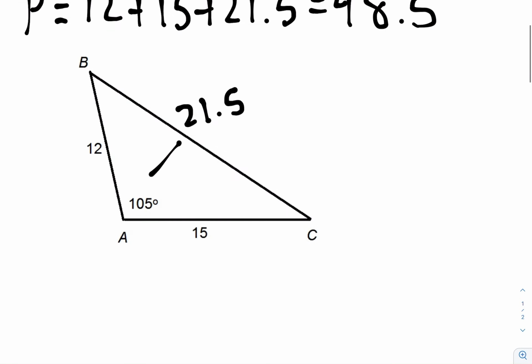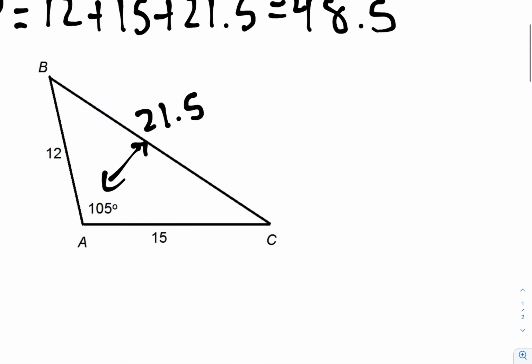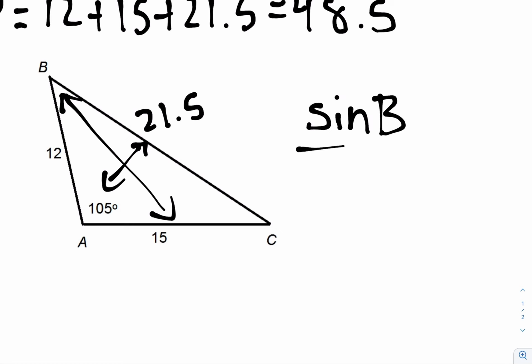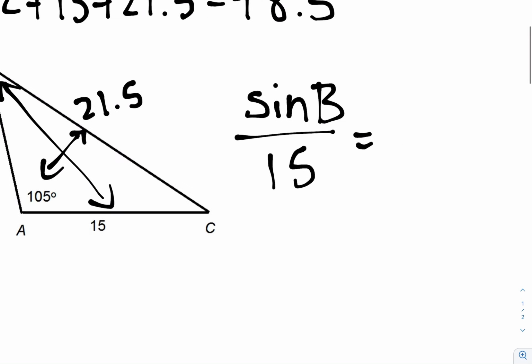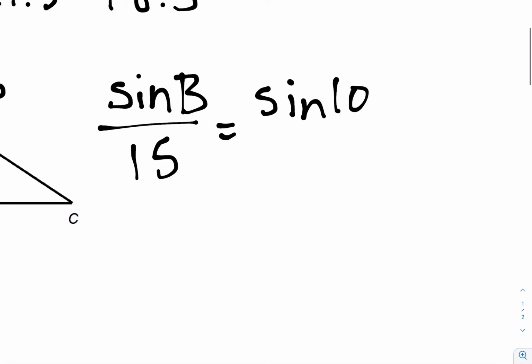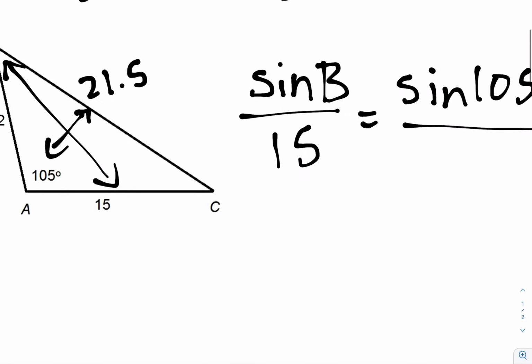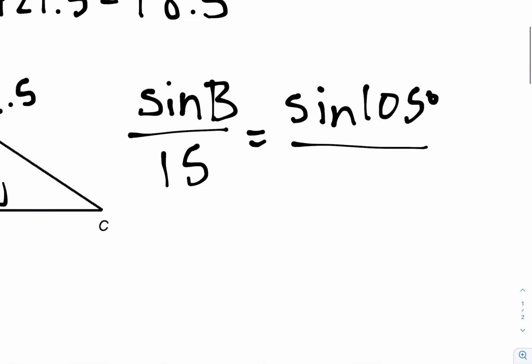So see how now we have one pair, and if we're trying to find B, for example, we're going to have to use this pair. That means that the sine of B over its opposite side length, which is 15, is going to equal the sine of 105 divided by its opposite side length, which is 21.5. We just figured that out.